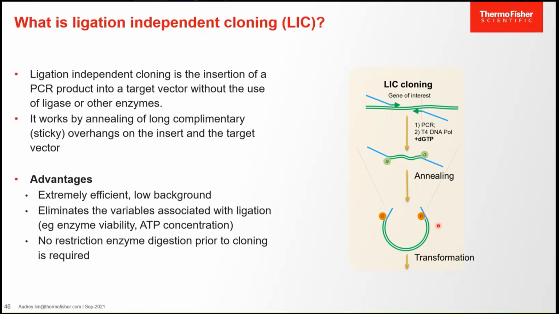After annealing, the LIC vector and insert can be directly transformed into competent cells, and the covalent bond formation at the vector-insert junction occurs within the cell to yield the circular plasmid.